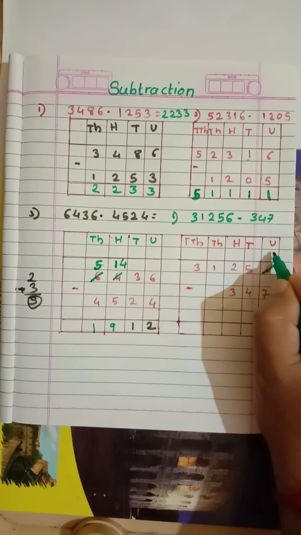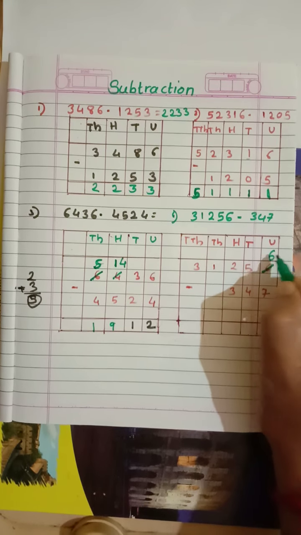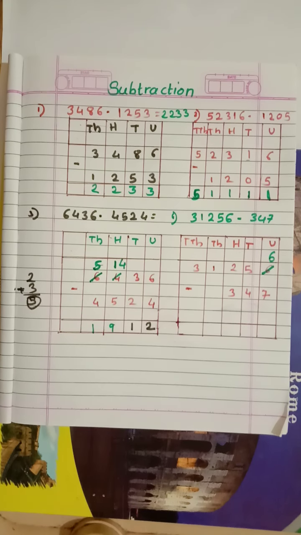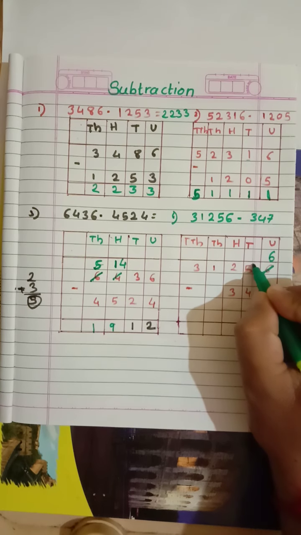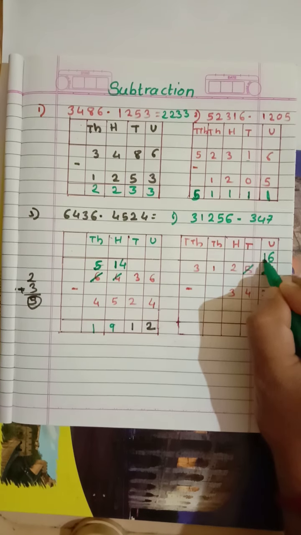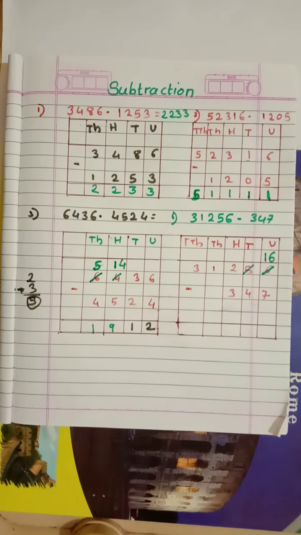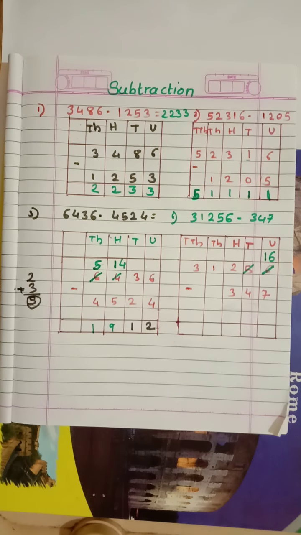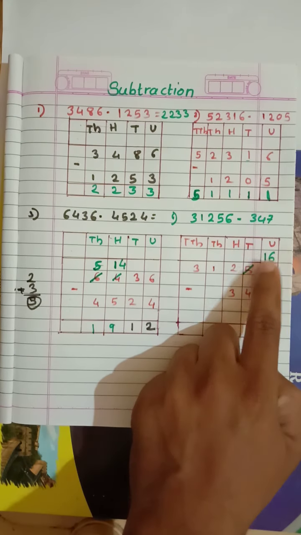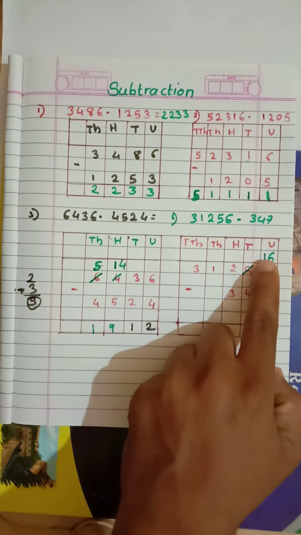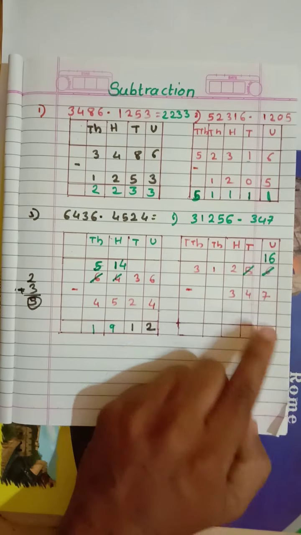In borrowing what happens? The same number is copied on top, at the same place. Then from the next place we have to take only 1. That is a rule. You cannot take all 5 there. It is necessary that only 1 should come, because after 1 comes here the number becomes greater.